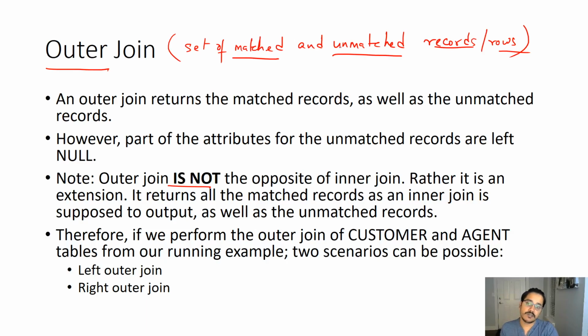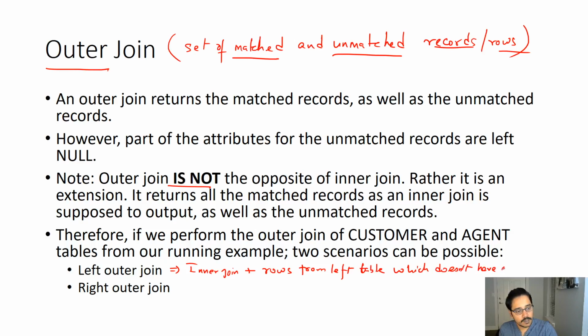So that means if you do a left outer join, it's going to return you the result of the inner join plus rows from the left table which do not have any pairing.